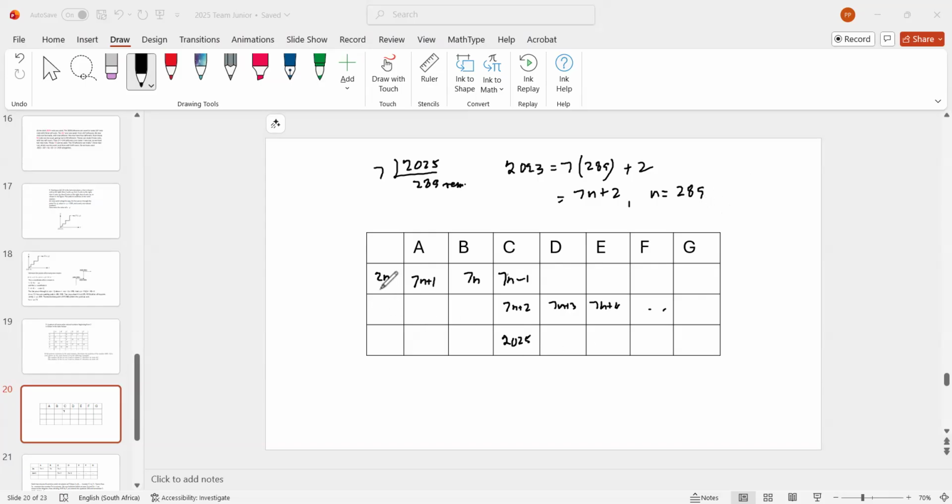So, okay, if this is the row 2n, this is the row 2n plus 1. It's the next row. So this thing here occurs in the 2n plus 1th row. So when n is 289, you get 2025 here when you substitute. And when you substitute n equals 289 here, you get 2 times 289 plus 1, which gives you 579.